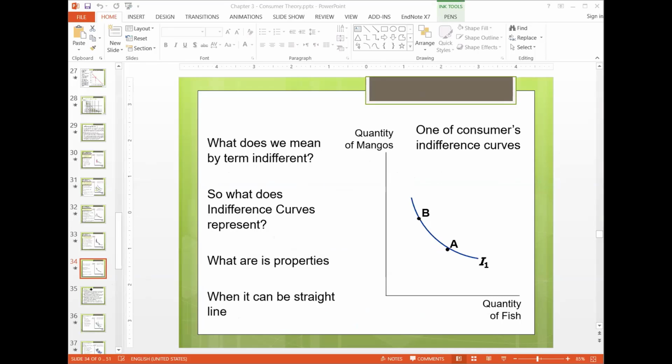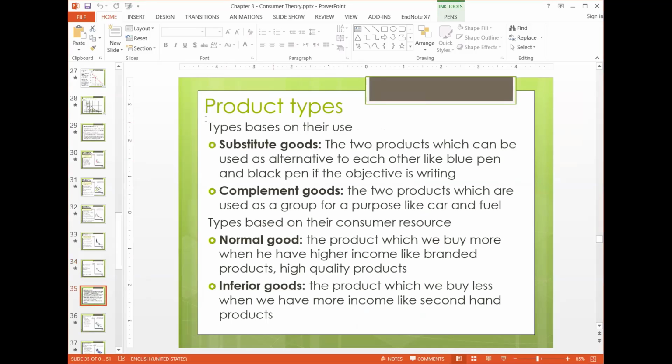There are four types of goods. There are substitute goods, where two products can be used as an alternative, like pen and black pen. The complement goods, where two products are used together, like car and fuel. Normal goods are goods which we buy more when we have higher income.